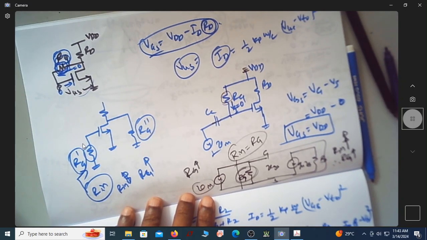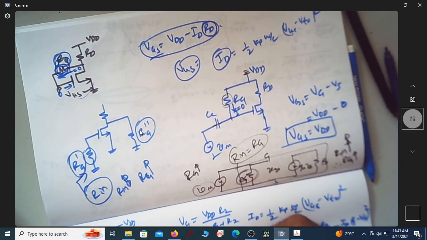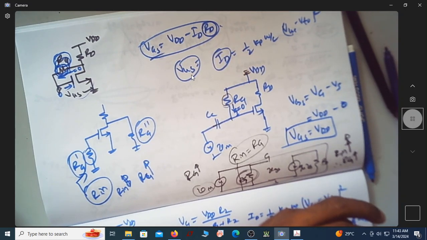Since it's at the input side, this RG dash acts like the input impedance, and this acts like the effective load impedance. So now the RG value is not affecting my VGS. Of course it will certainly affect the input impedance of this amplifier. So the answer is that RG will not affect VGS.